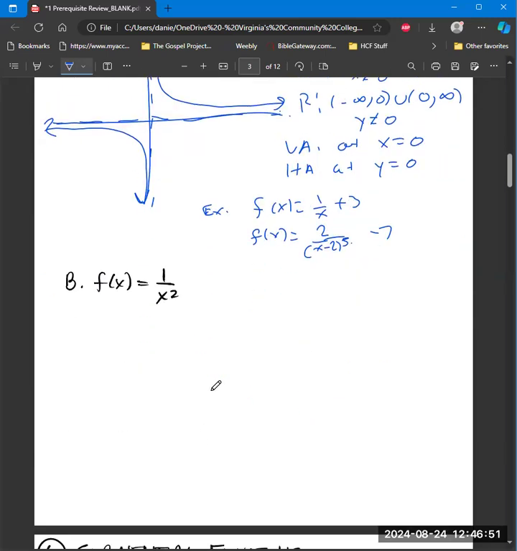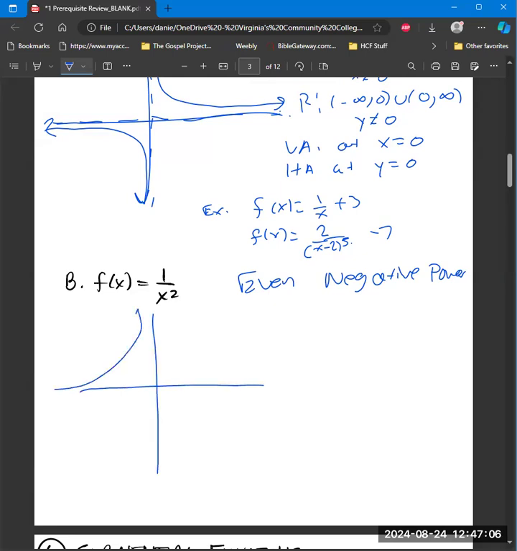If I have an even negative power on x, it's going to be based off of this graph, and it's going to look like this. I have a domain, negative infinity to 0, union 0 to infinity.